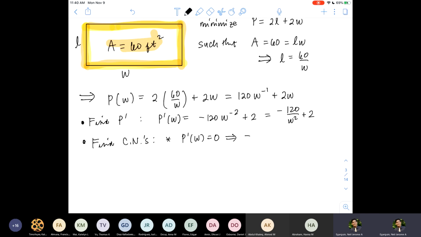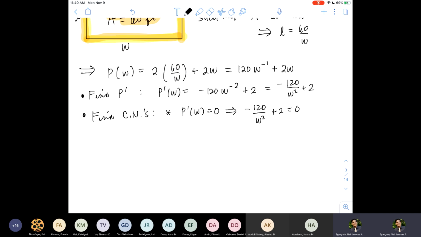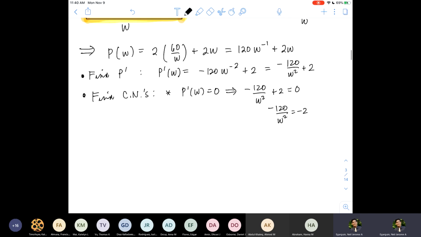That means we'll have negative 120 over W squared plus 2 equal to 0, so negative 120 over W squared equals negative 2. I can multiply both sides by negative W squared, so we'll have 120 equals 2W squared. Then I can divide both sides by 2, so we'll have W squared equals 60.